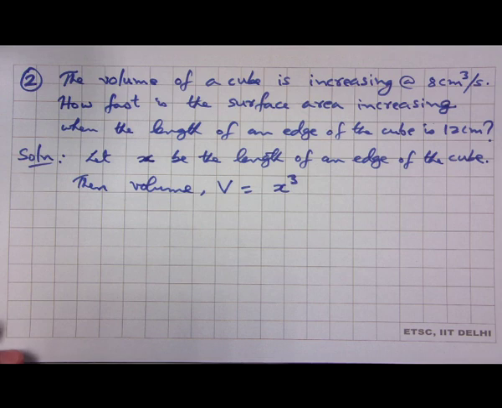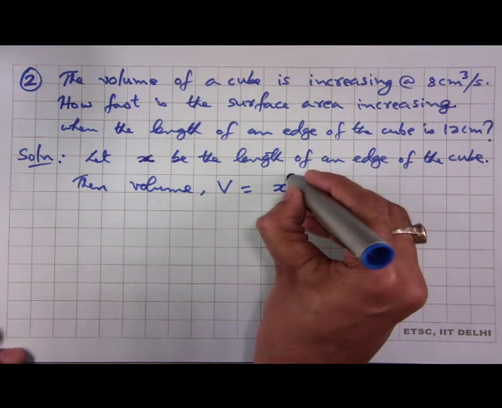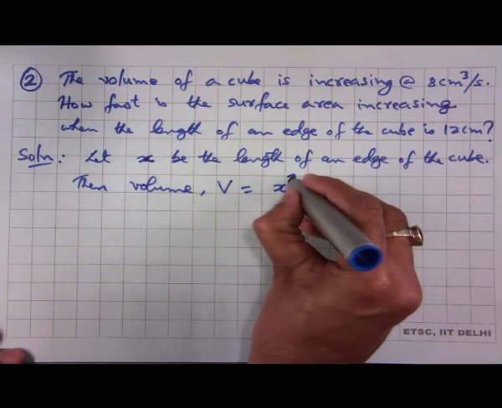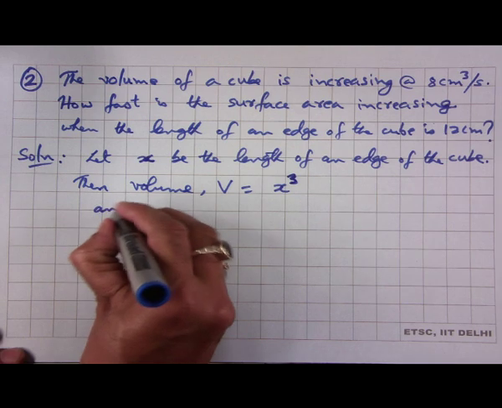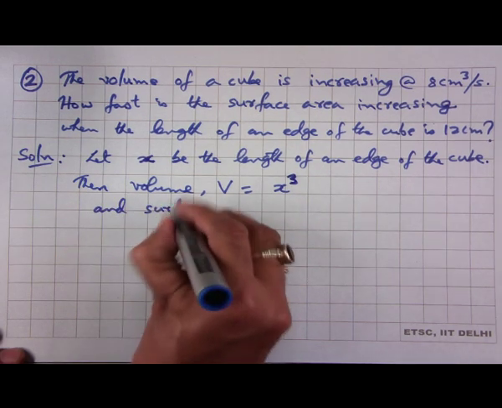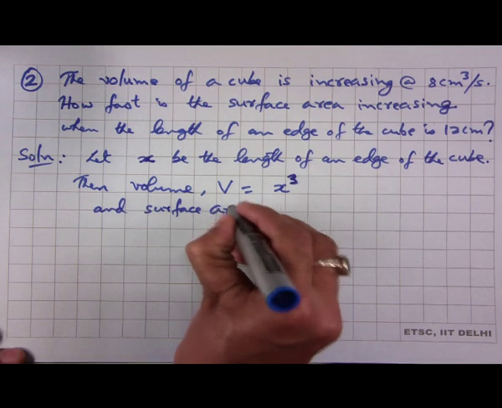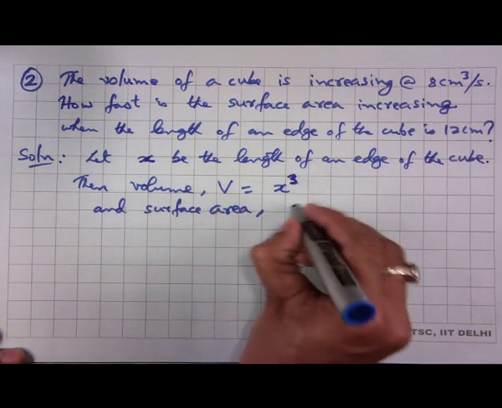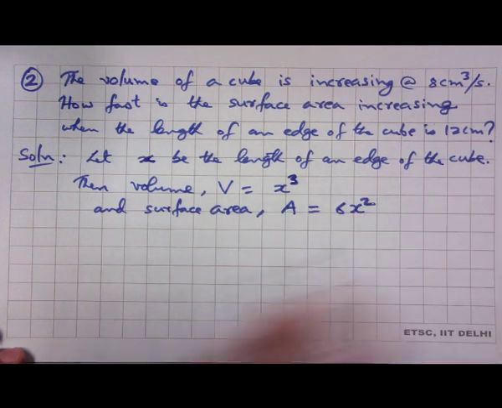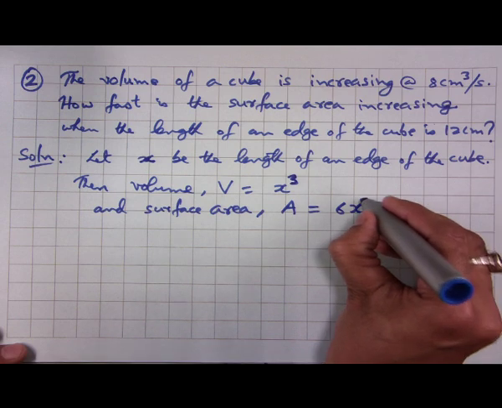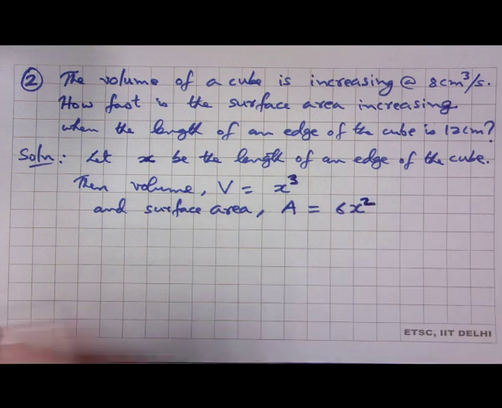The volume of the cube is the length of the edge cubed, and surface area, let me write this as A, is equal to 6 times x square, because there are 6 faces of the cube, each is a square of side x.